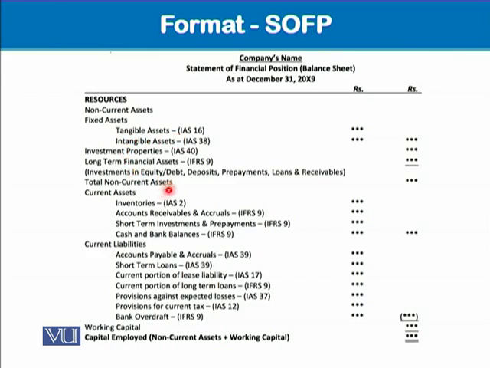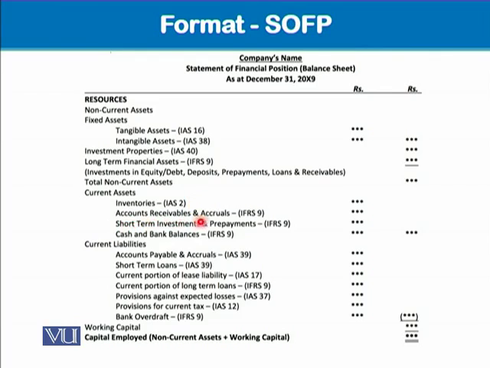Well, then comes current assets. As we have already discussed, the criteria for identifying a current asset is that it should be recoverable in the normal operating cycle or within 12 months, or consumable within the upcoming 12 months, or cash and cash equivalent, or held for trading. Okay, so these are the inventories, which are either held for trading or held for consumption.